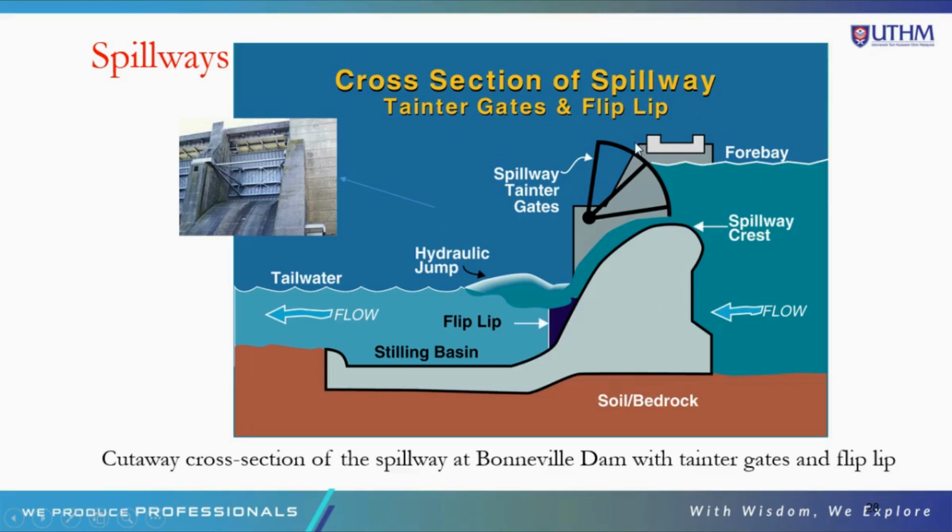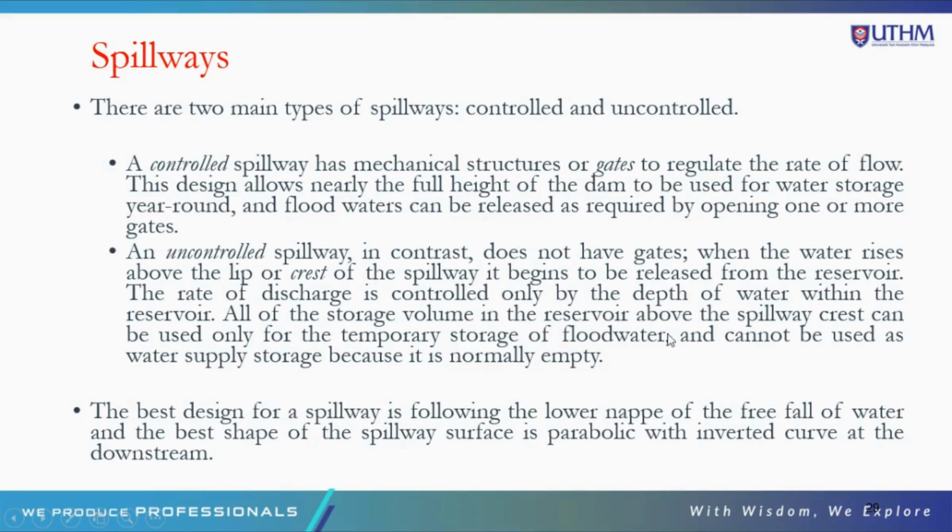This is a controlled spillway, a cutaway cross section of the spillway. This is an example. A hydraulic jump occurs here, and this is the Stilling basin of the tailwater. Then there are different bays, and the spillway crest and flow. The two main types of spillway are controlled and uncontrolled.